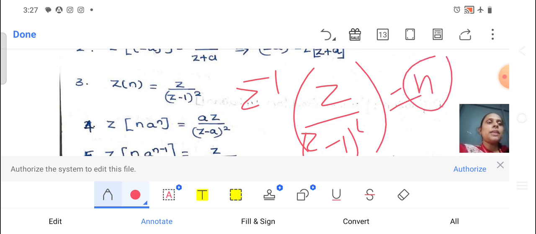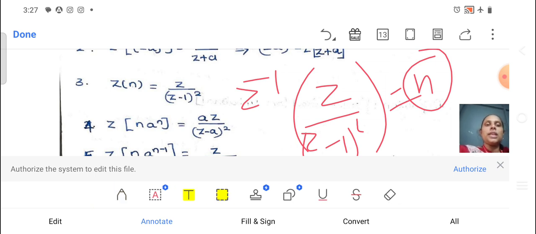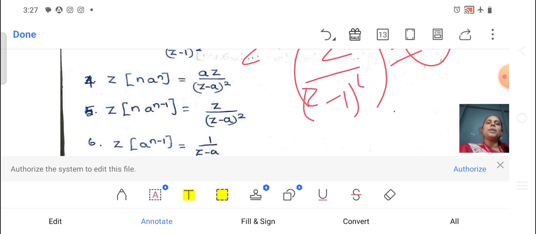So the formula is Z inverse of z divided by z minus 1 the whole square is equal to n. For the remaining one, Z of n a power n minus 1 is equal to z divided by z minus a the whole square. Here also Z inverse of z divided by z minus a the whole square is equal to n into a power n minus 1.